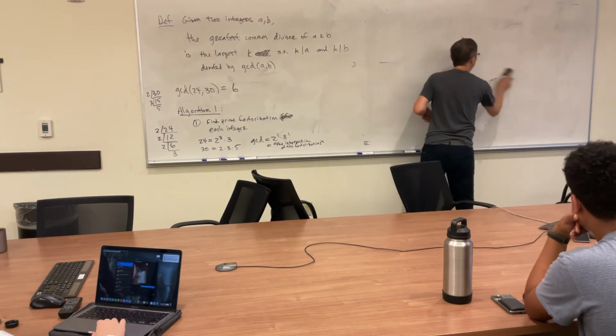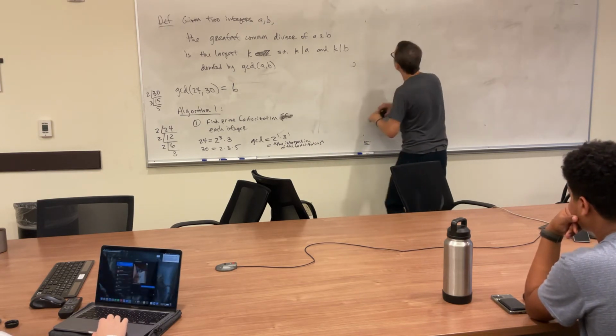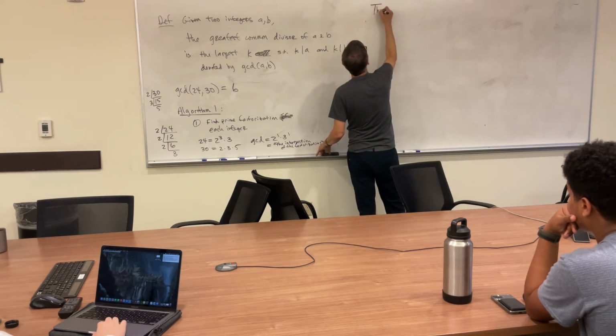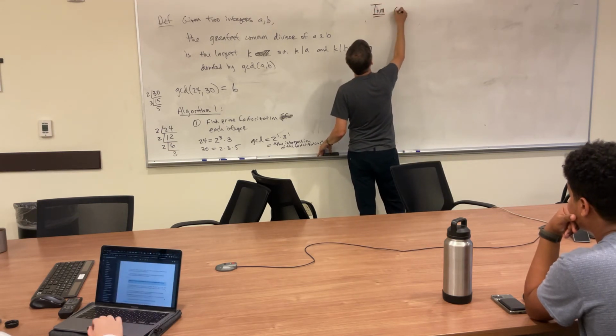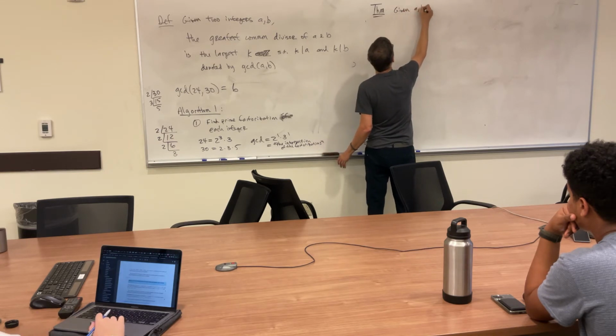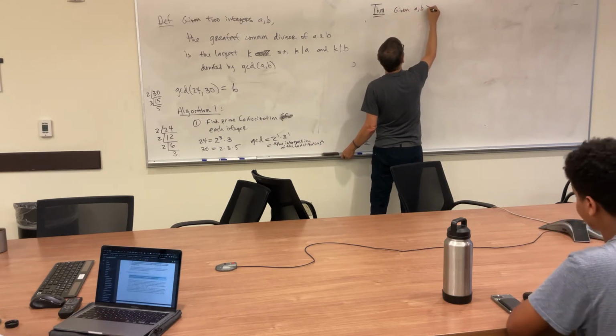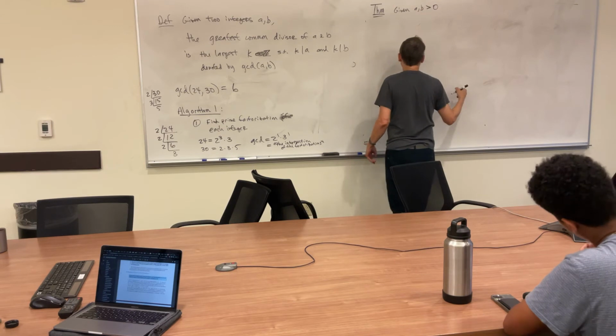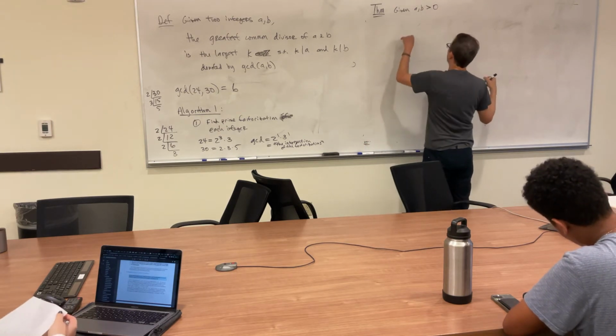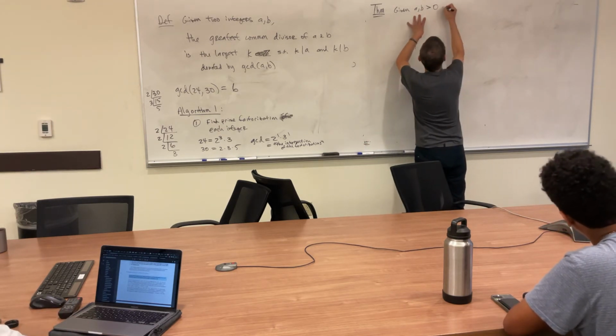So the GCD is a theorem. Given a and b, and let's just say they're positive numbers. This makes life so much easier.